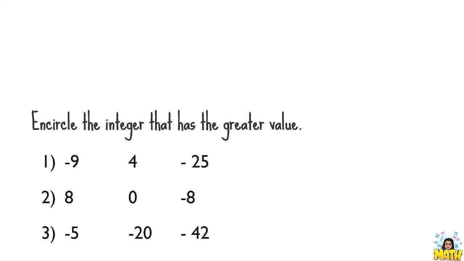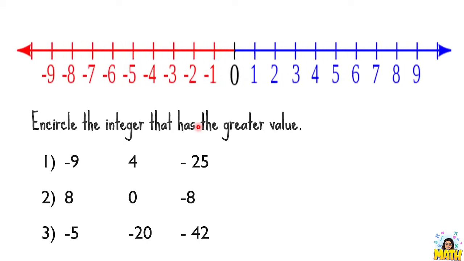Let us encircle the integer that has the greater value. So, mas magandang makompare ang kanilang position if we can plot it in a number line. Number 1, so here we have negative 9, positive 4, and negative 25. We can see that out of these 3 numbers, ang pinaka nasa rightmost side ay positive 4.